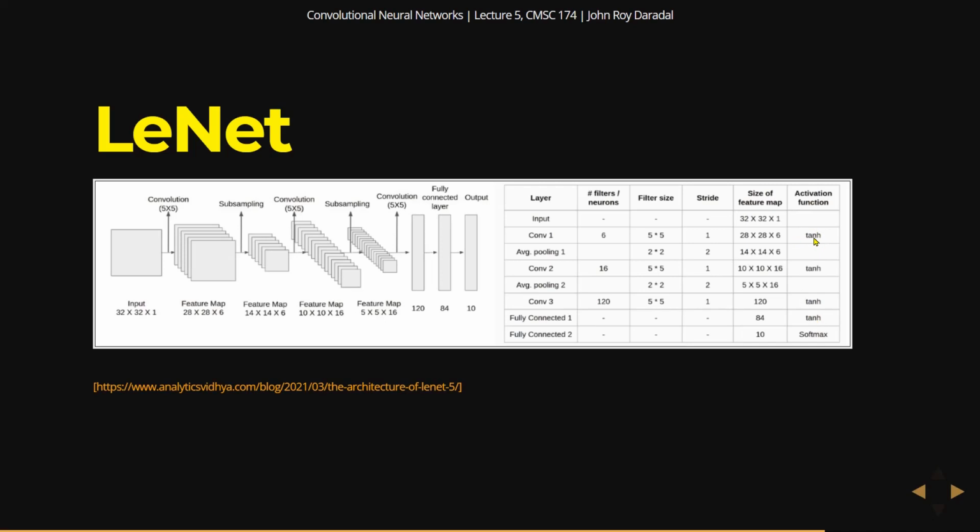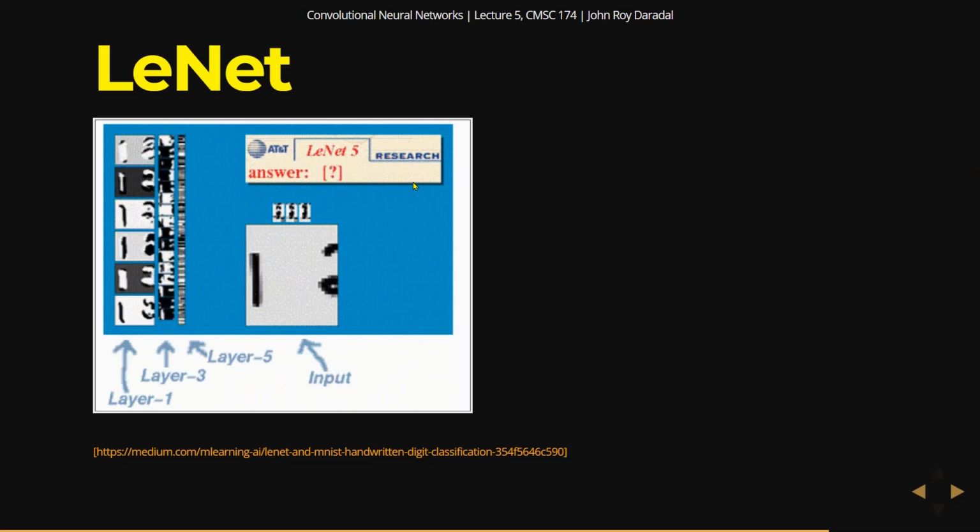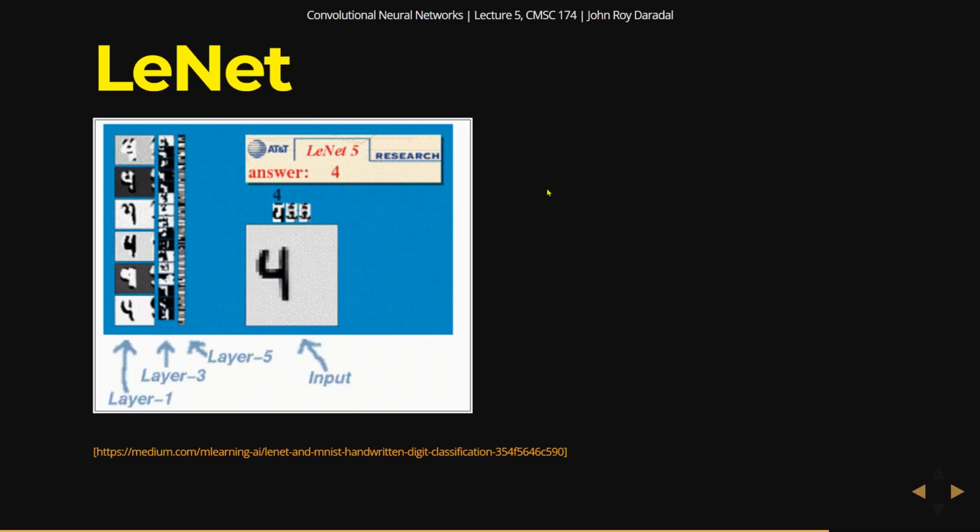That was because hyperbolic tangent was the famous activation function at this time. So that's LeNet. To see it in action, we have the following illustration. It looks at handwritten digits, and then it will give you the answer.